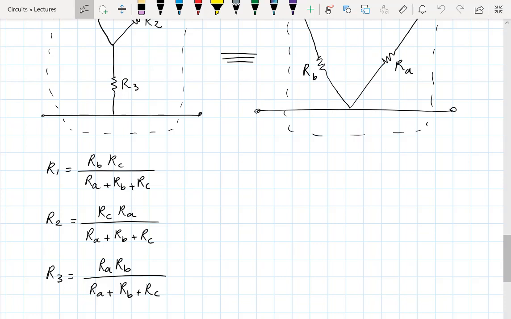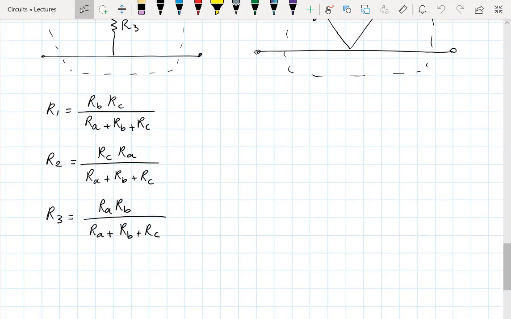Now let me write it the other way around too. So if you have the Y shape, then if you want to obtain the delta from that, these would be the formulas. And that's the same formulas turned around so that you obtain RA, RB, and RC in terms of R1, R2, and R3.